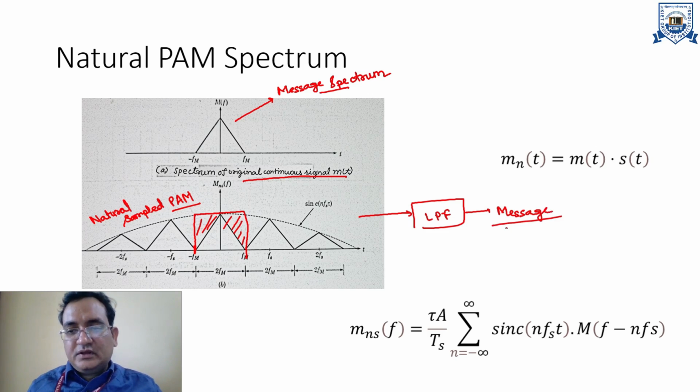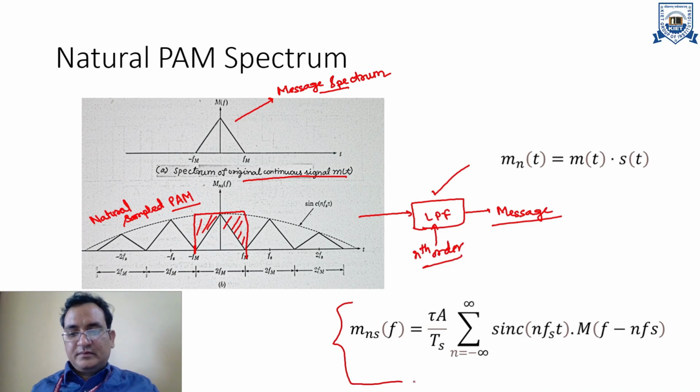This is a beautiful application of pulse amplitude modulation, where at the demodulation end you will only require a single low pass filter. But to obtain the proper message signal, you can also use multiple stages of low pass filters, or an nth order low pass filter.